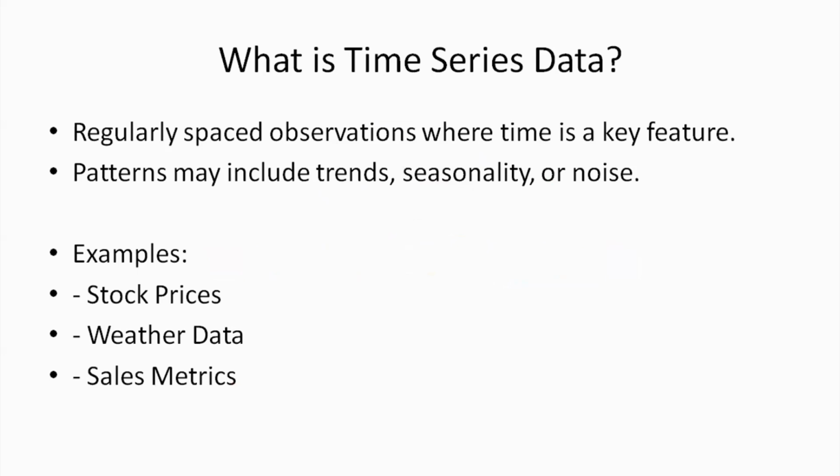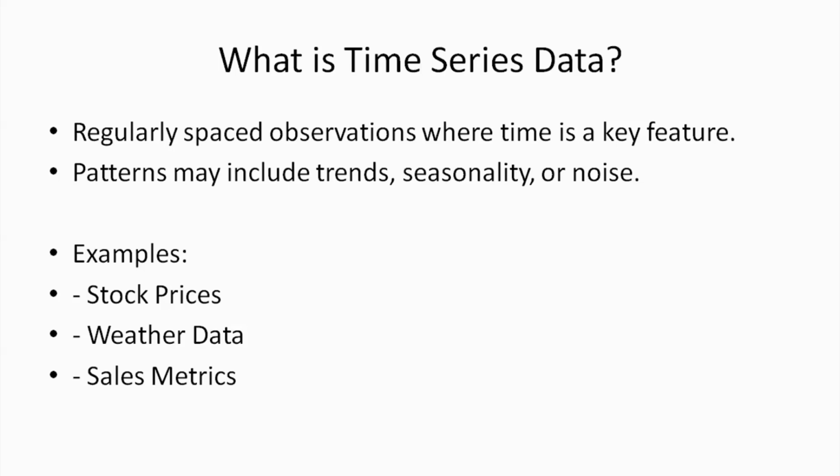So basically, time series data is a collection of observations that are recorded at regular time intervals. Unlike ordinary data, time itself plays a crucial role here, and each value is connected to its past, its future, and the moment it was recorded.